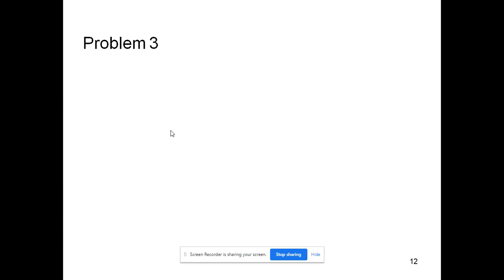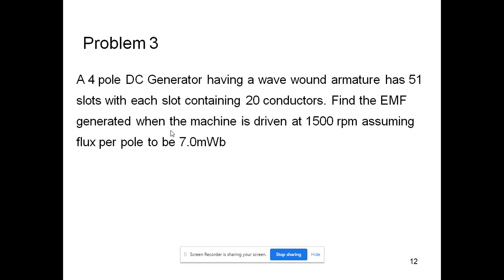Now let us see the last problem. Students, come on, read out the problem. I will wait for a few seconds. Read out the problem thoroughly and understand what the given data is and which one we have to find.